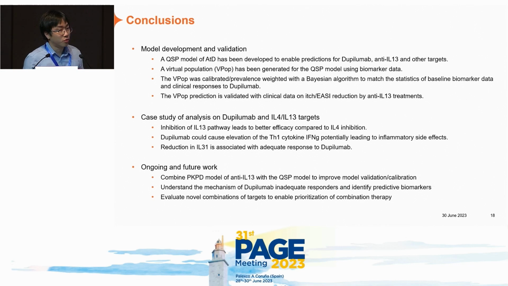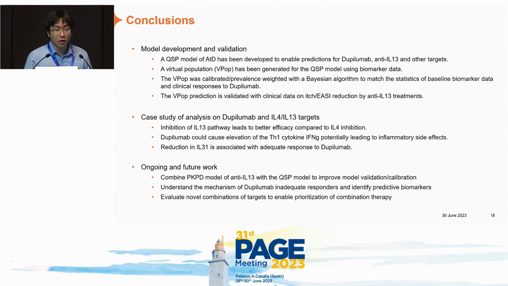And the few take-home messages in terms of dupilumab and its targets: the IL-13 pathway seems to play a bigger part, and it could lead to increased Th1 inflammation that is associated with side effects. And finally, IL-31 seems a promising biomarker to be associated with dupilumab response.